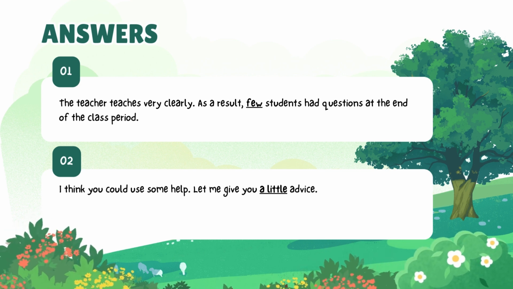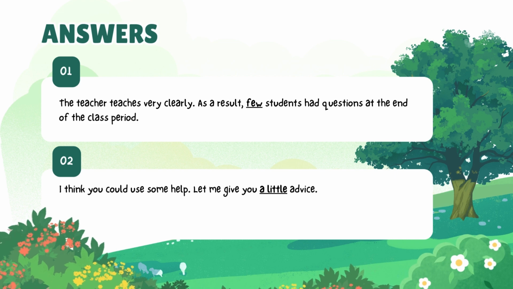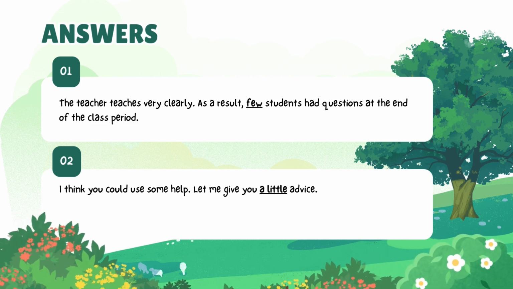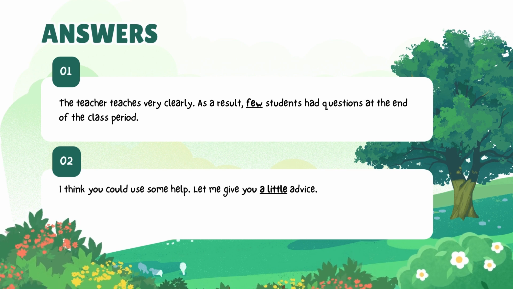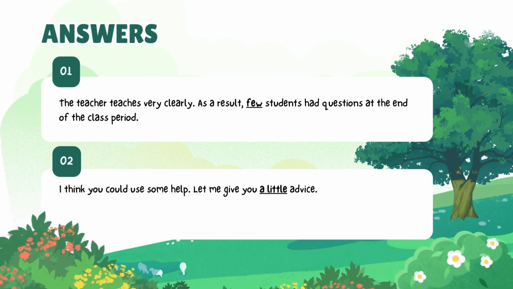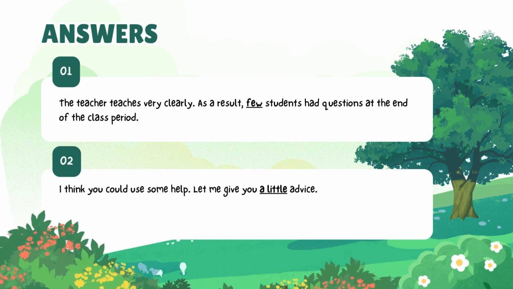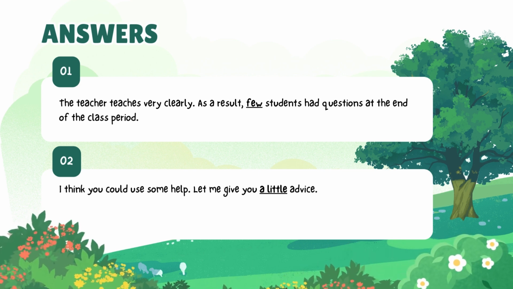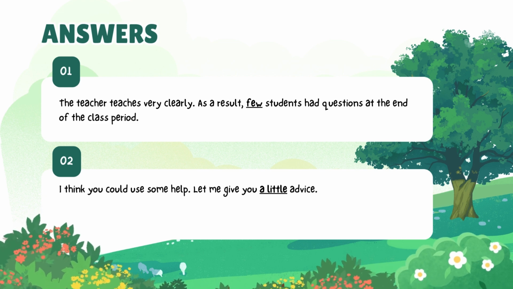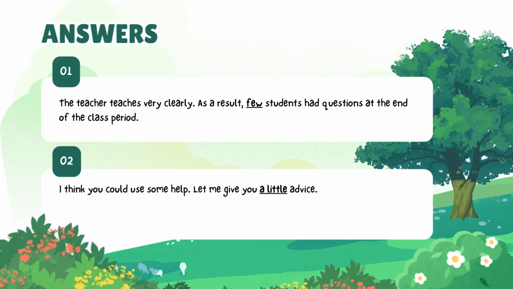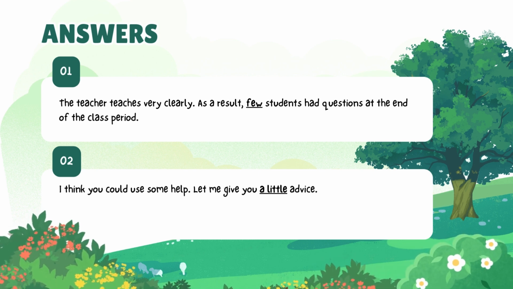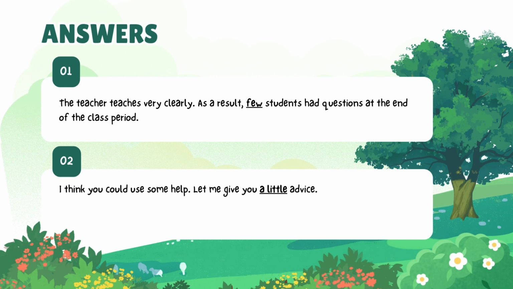Can you count advice or not? 1 advice, 2 advices, 3, or thousands? Since you cannot count advice, it goes to uncountable nouns. And with uncountable nouns, we use a little. That is correct. Now it's easier, right, to answer these type of questions.